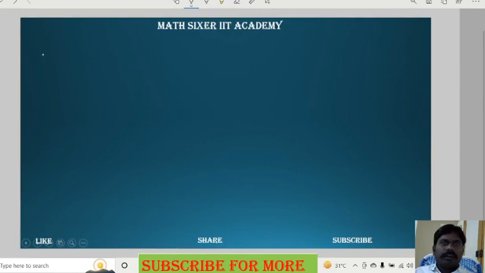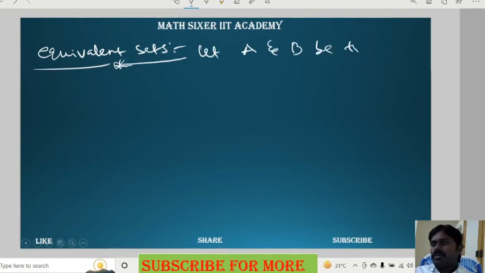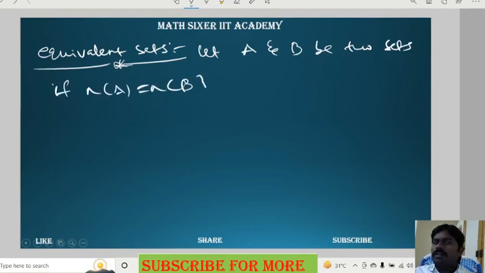Next we have equivalent sets. Now I am taking two sets. Let A and B be two sets. If the number of elements in A is equal to the number of elements in B, that means n of A, the cardinality of the set A, is equal to the cardinality of B, then these two sets A and B are called equivalent sets.